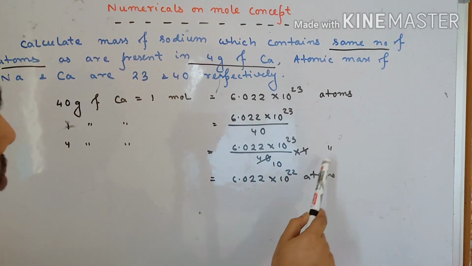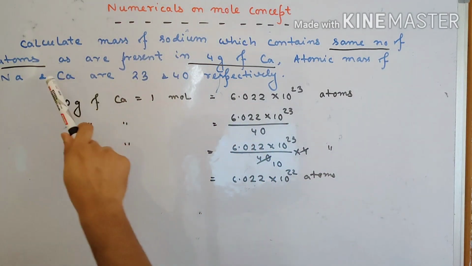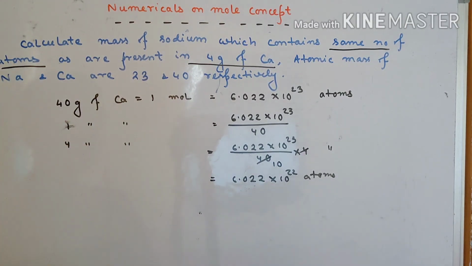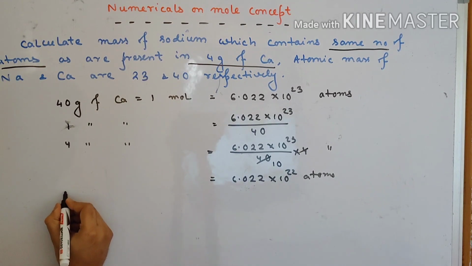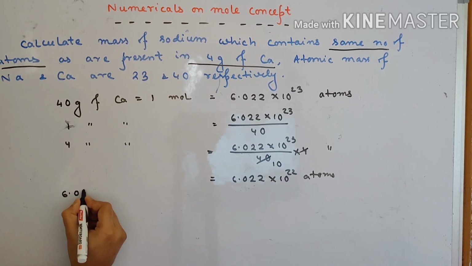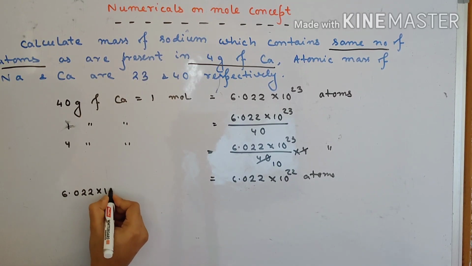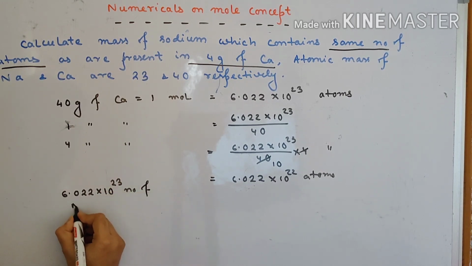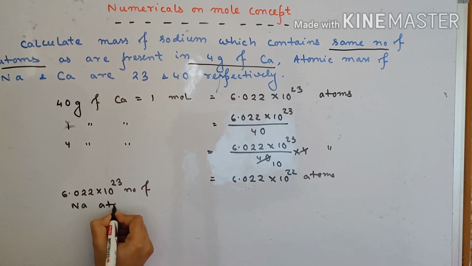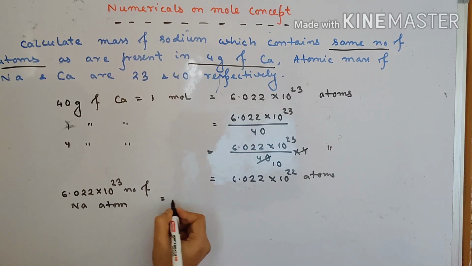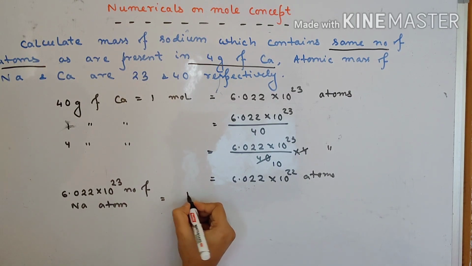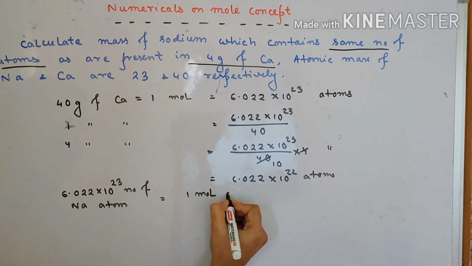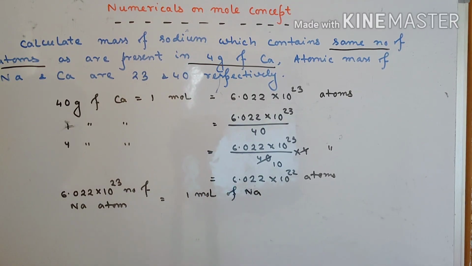Now, see the question carefully. The same number of atoms will be present in how much of sodium? That is the question. So it is quite obvious that 6.022 into 10 to the power 23 sodium atoms is equal to 1 mole of sodium.